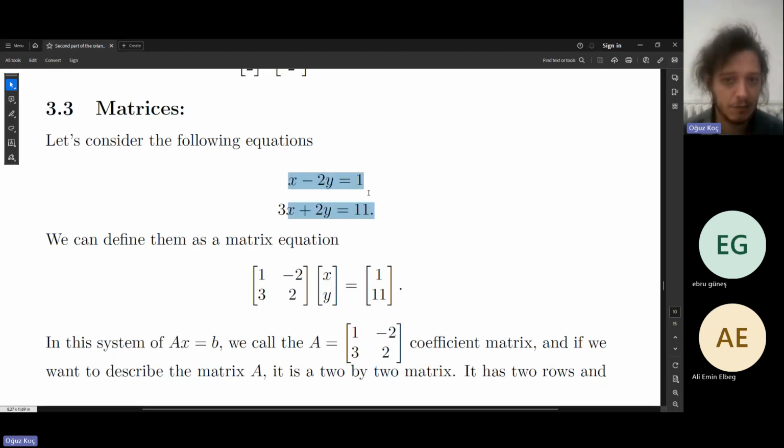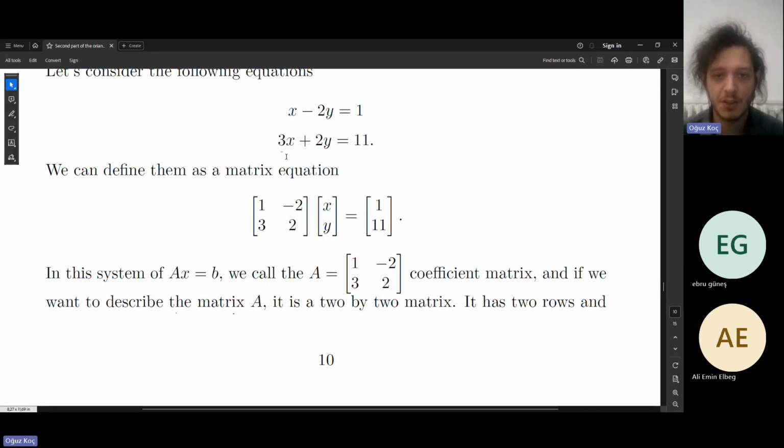And also we can write this equation system as a matrix equation system. For this, we just need the coefficients of the equations, the variables, and the equalities.